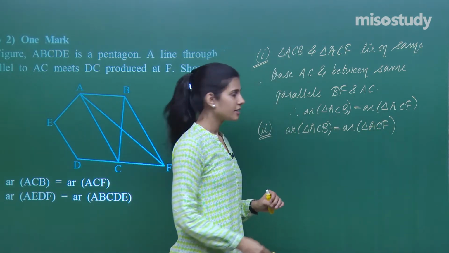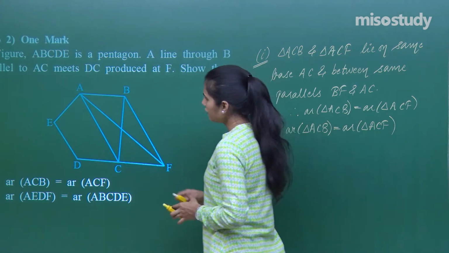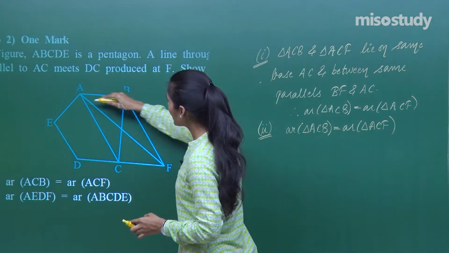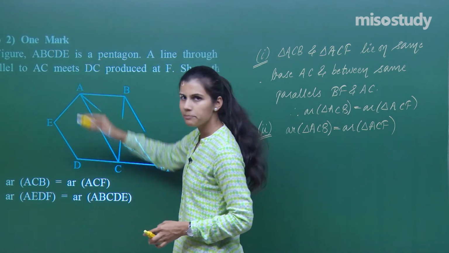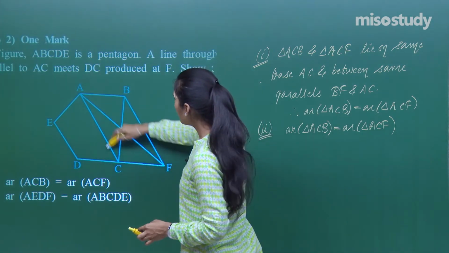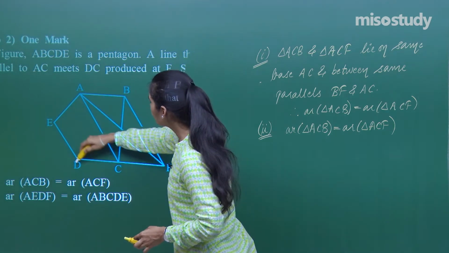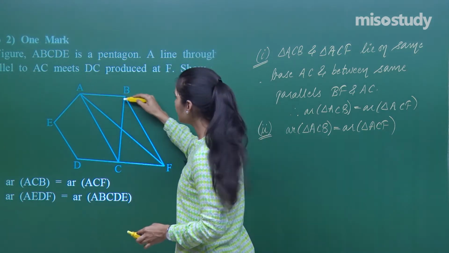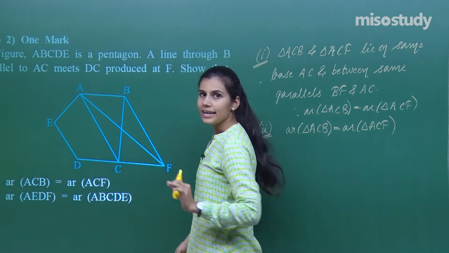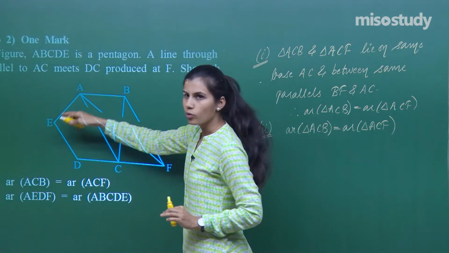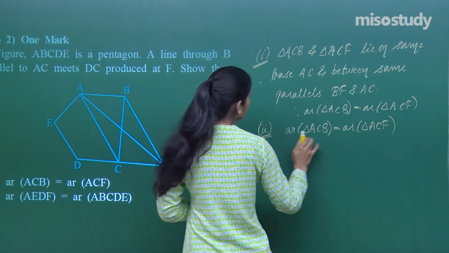This we know. If in the triangle ACB I add this quadrilateral AEDC, I will get the ABCDE pentagon. So clearly area of ABC triangle plus area of AECD quadrilateral will give me the area of this ABCDE pentagon. So what I will do is add this AECD quadrilateral's area on both sides of this equation.